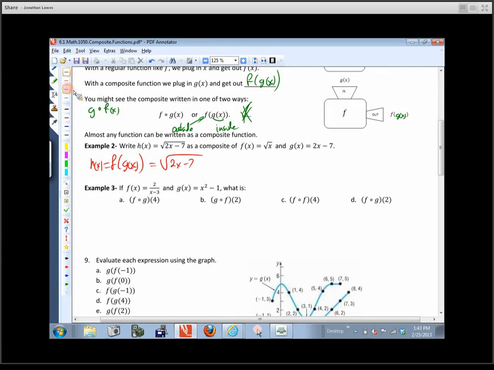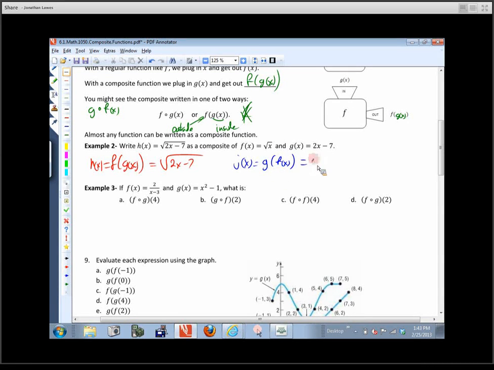Now, just for the heck of it, I'm going to change colors here. Let's say I made a new function. Let's call it j of x, and let's have that be g of f of x. Let's compose these the other way. What got plugged into what here? F got plugged into g.